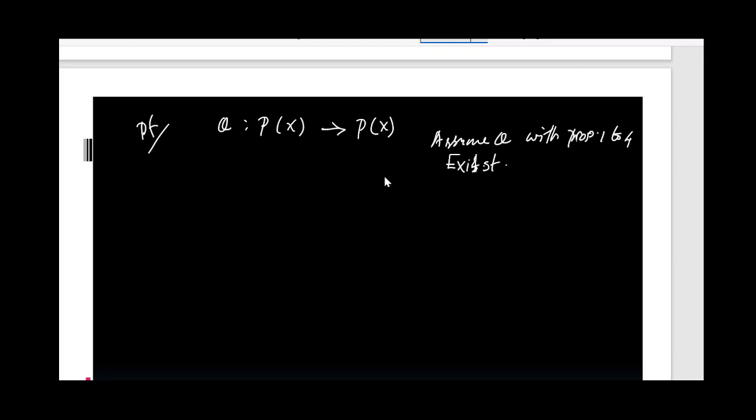Now we want to find a topology on X such that for every A subset of X, theta of A is equal to A closure.